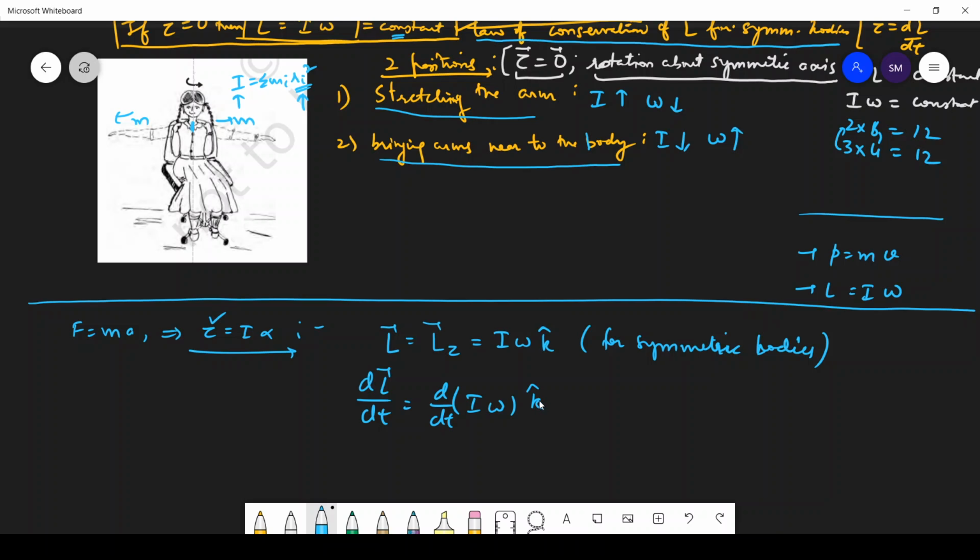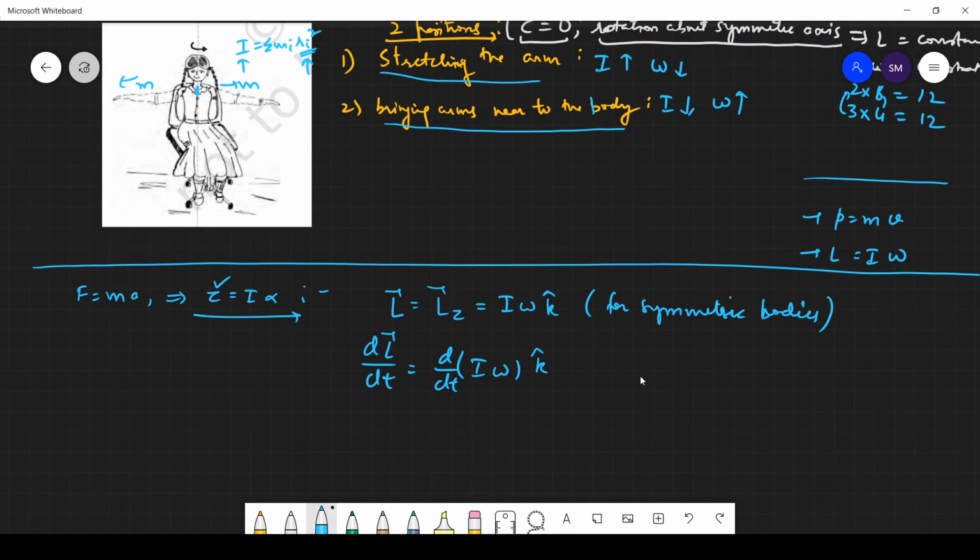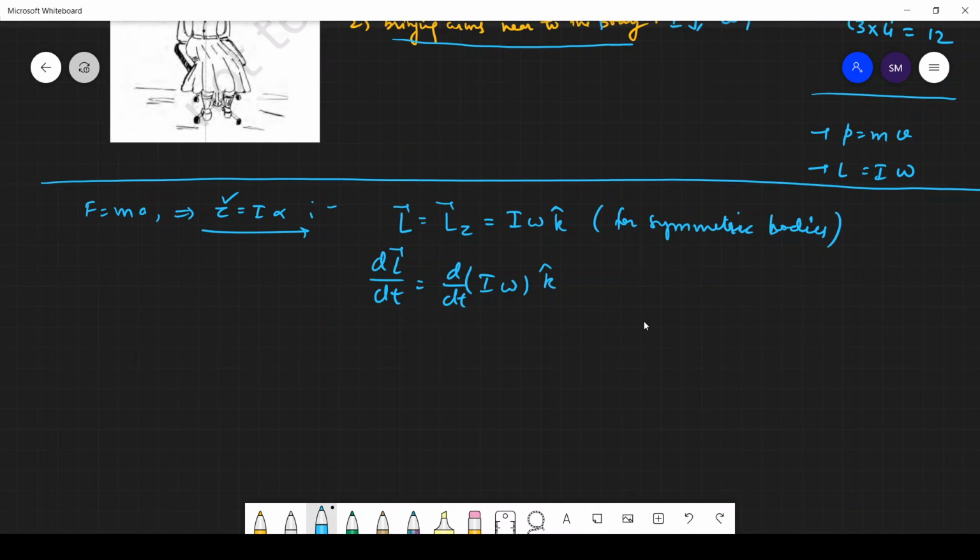So differentiating both sides, of course d by dt of L perpendicular is 0 here.